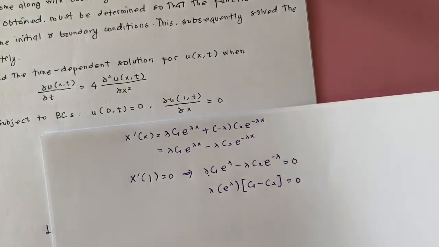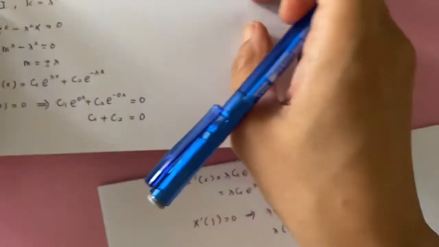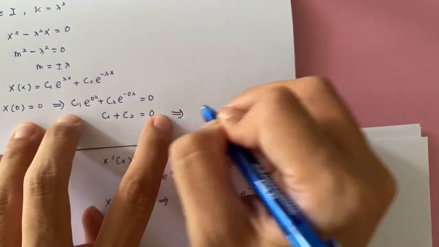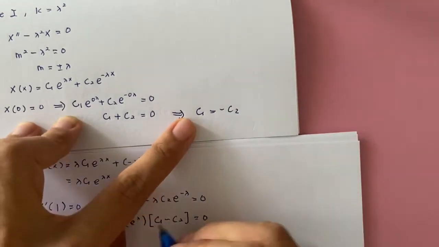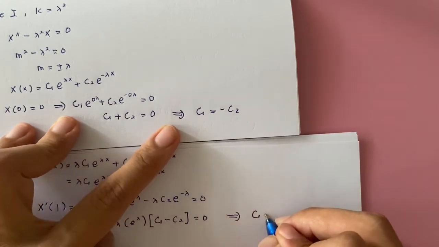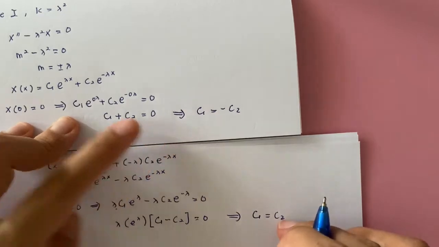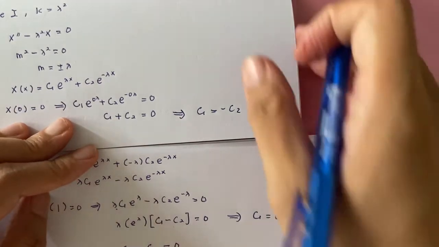Okay, so we have two equations here for c1 and c2. First we have c1 plus c2 equal to 0, so for this one we have c1 equal to minus c2. And another one here we have c1 minus c2 equal to 0, which means c1 is equal to c2. So from these two equations we can conclude that c1 is equal to c2 is equal to 0.